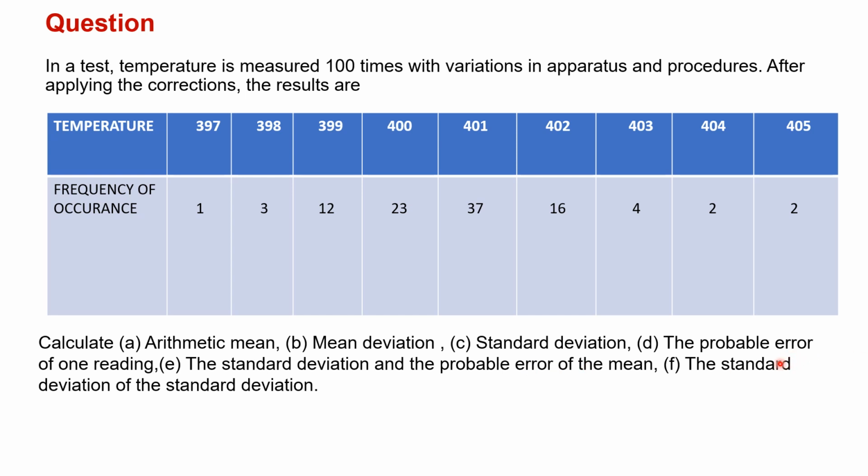Probable error is a convenient measure of precision.